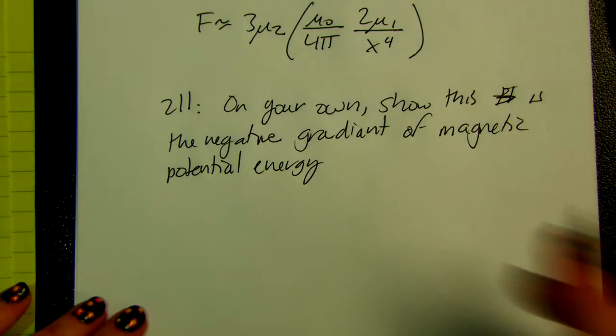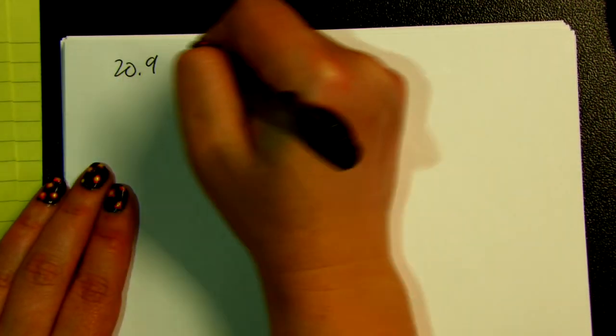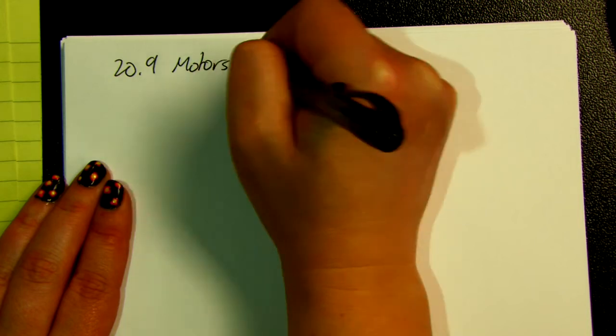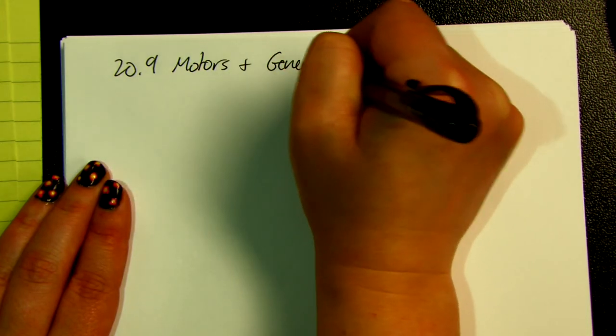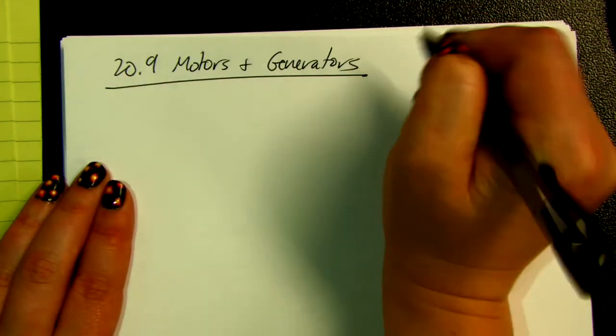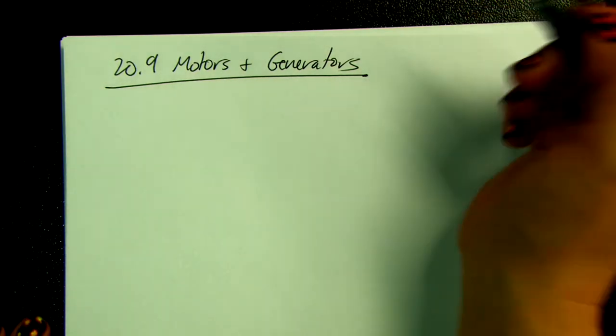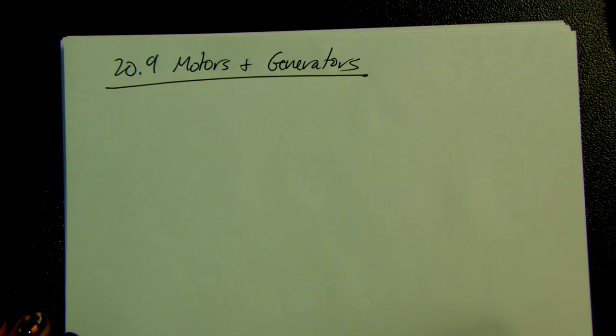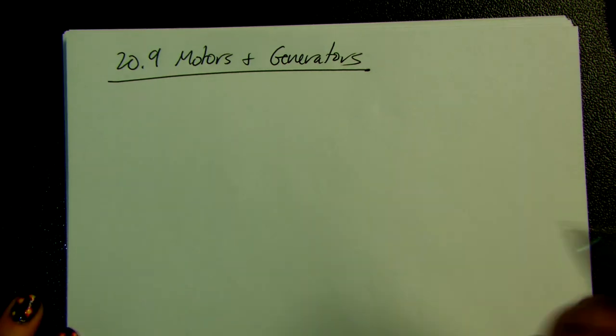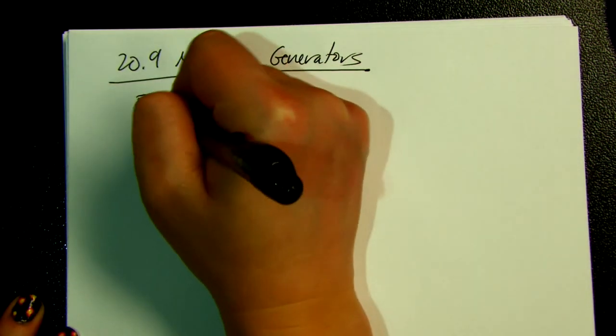Into a discussion of motors and generators. So I'm going to go ahead and get a fresh sheet for this. So all of this discussion leads up to how we can understand electric motors, which is an application of magnetic torque.